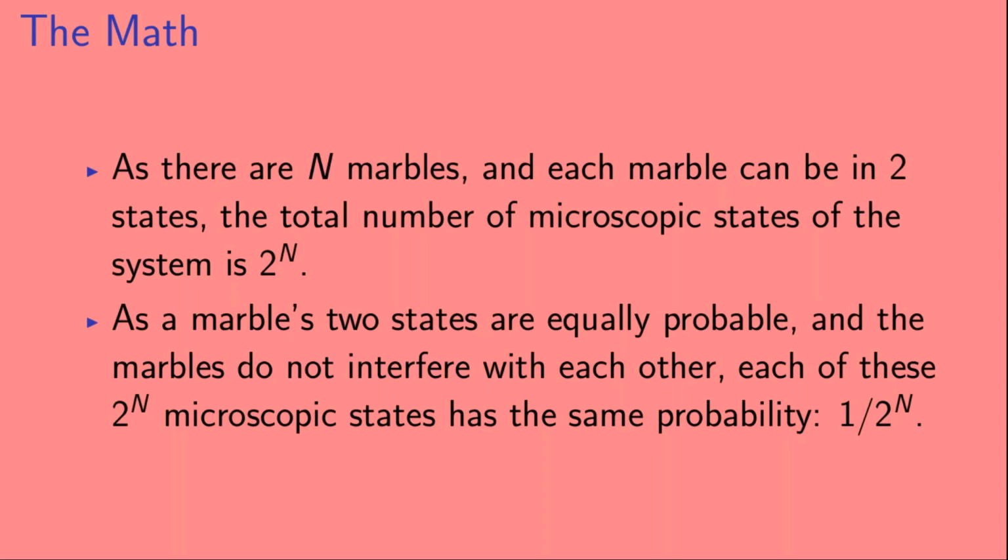As there are n marbles, and each marble can be in 2 states, the total number of microscopic states of the system is 2^n. As a marble's 2 states are equally probable, and the marbles do not interfere with each other, each of these 2^n microscopic states has the same probability, 1/2^n.